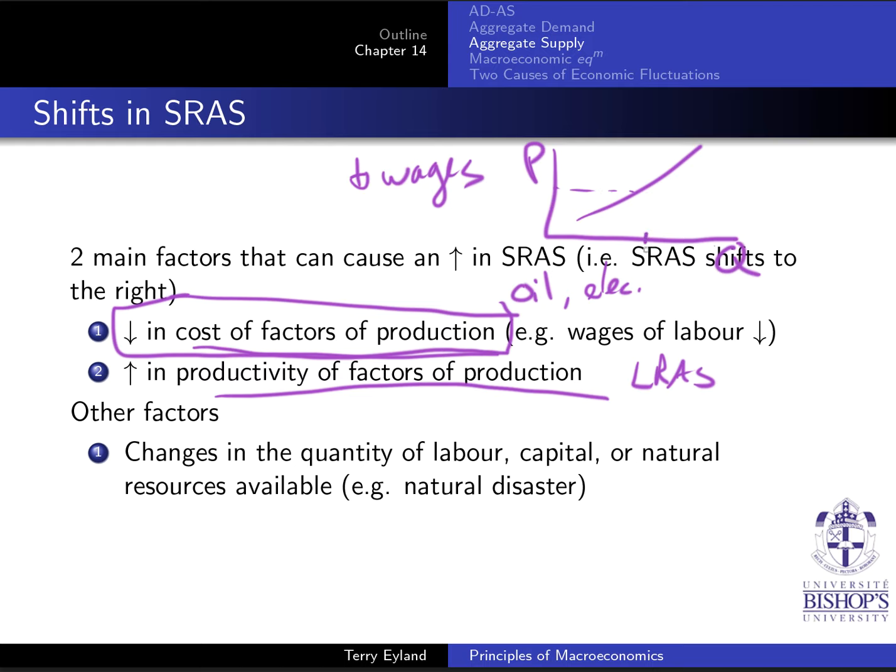Or for the same quantity as before, do I need to be paying more or less? Well, if the wages I'm paying are less, I'm going to be over here. So the aggregate supply curve will shift right. That is something that you really need to recall: if wages go down, the aggregate supply curve will shift to the right.